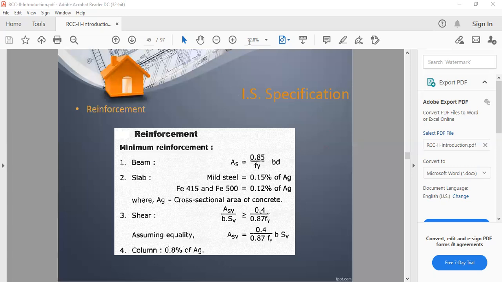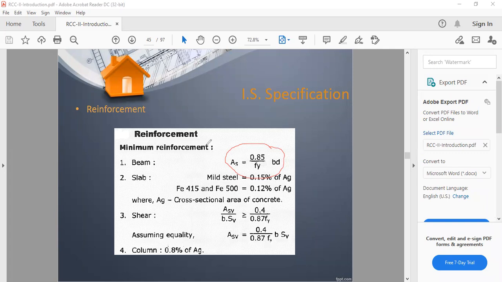Now, these are the generalized criteria for the minimum reinforcement. What should be the minimum reinforcement for a beam? The minimum reinforcement has to be Asc equals 0.85 into B into D divided by Fy. We have seen Fy is the characteristic strength of steel.